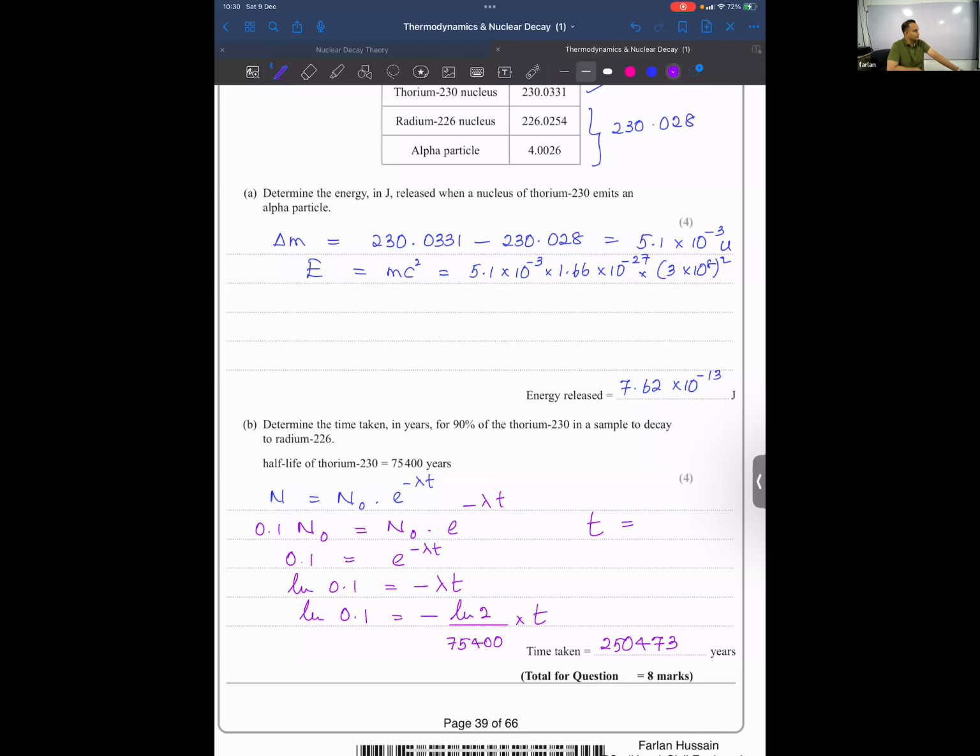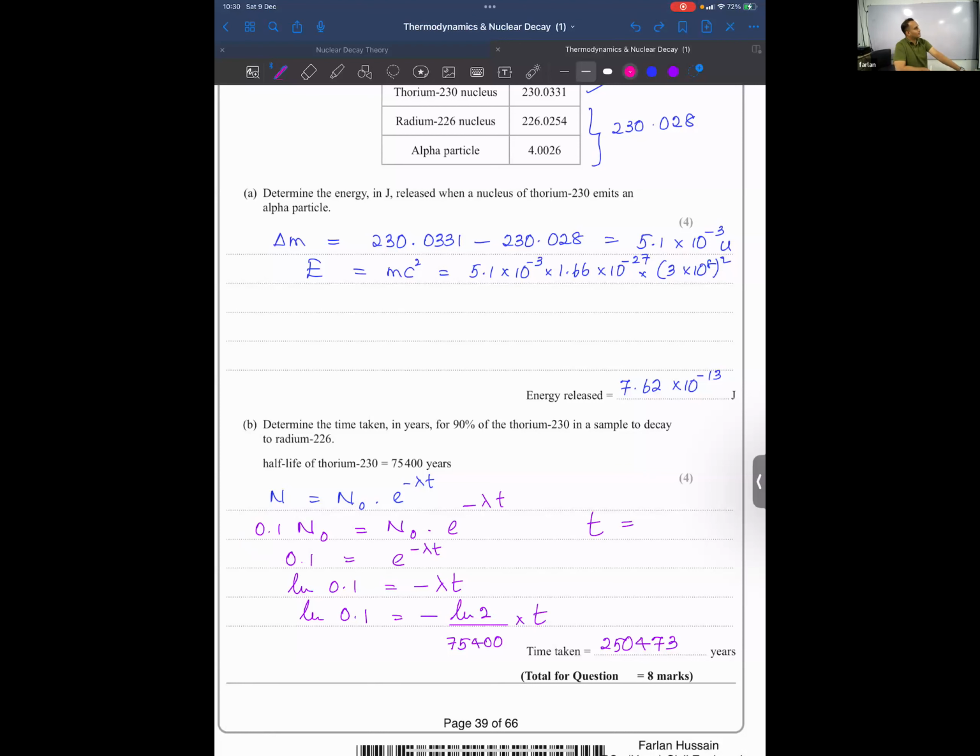Is that clear? Everyone, no? You have a problem. Which is the problem? Okay. So you are not agreeing with the 0.1 N naught, is it? There's a problem there.